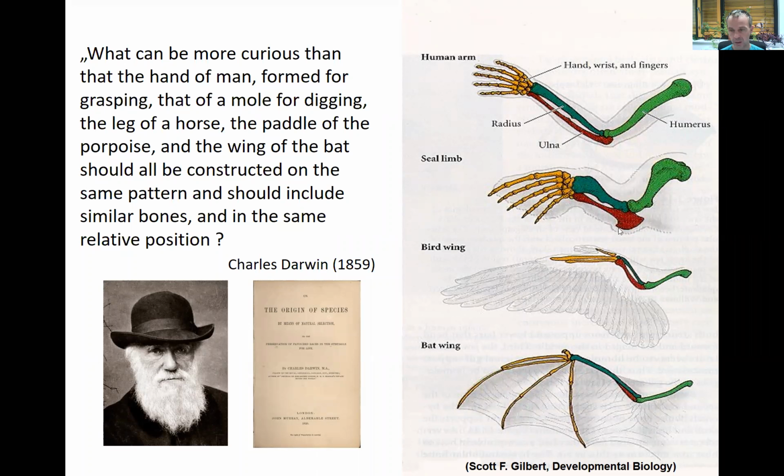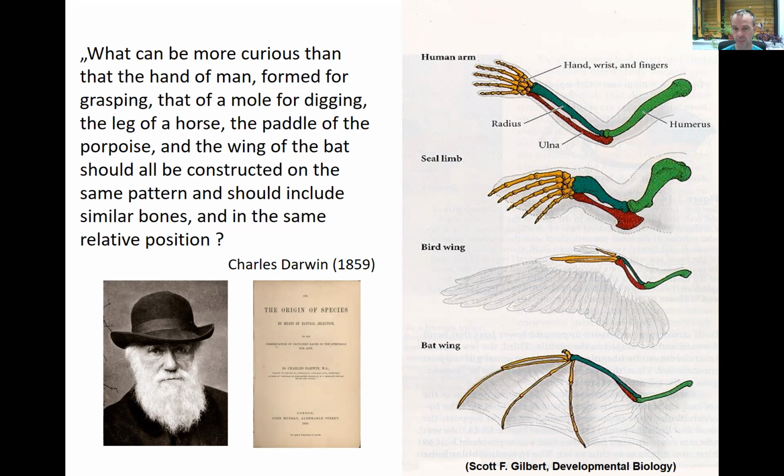Okay, you can see that the development of the limb is quite similar in different species, as already Charles Darwin was thinking about that. You can find the differences between a nice hand of a human, which is able to perform different tasks, and for example a bat wing, or a bird wing, which is specialized only for one movement.